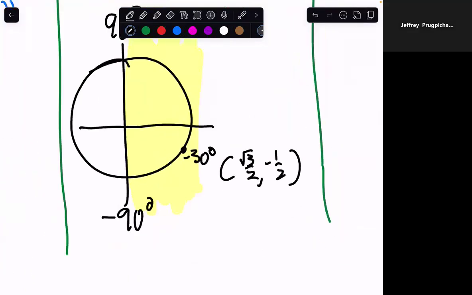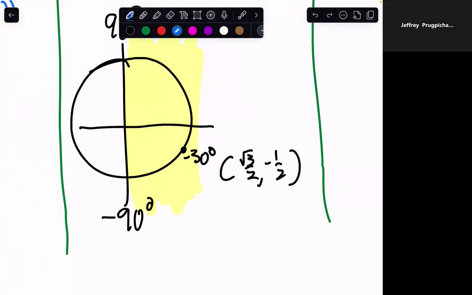If you don't remember these, you can always draw the actual triangle. You say, okay, this is a 30-degree angle, hypotenuse is always 1. Opposite the 30-degree angle is half of the hypotenuse, so it's 1/2. But since it's going downward, the y-coordinate is negative 1/2. And then times radical 3 is radical 3/2 for the x-coordinate. That's how you could always do it if you forget the unit circle.